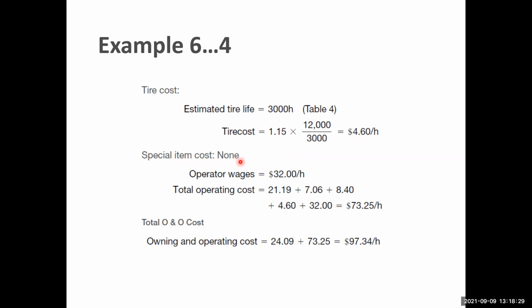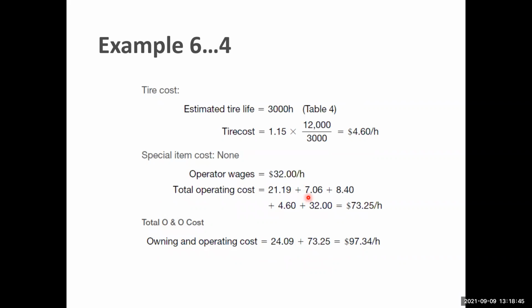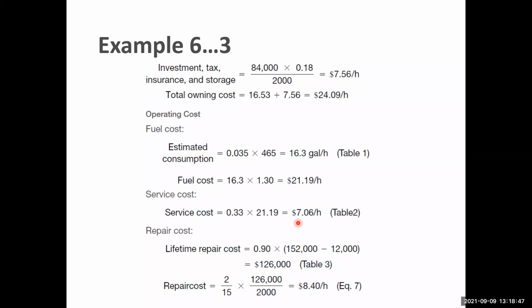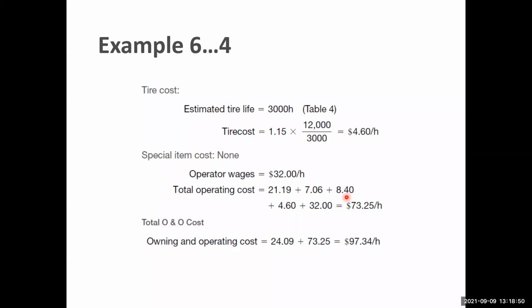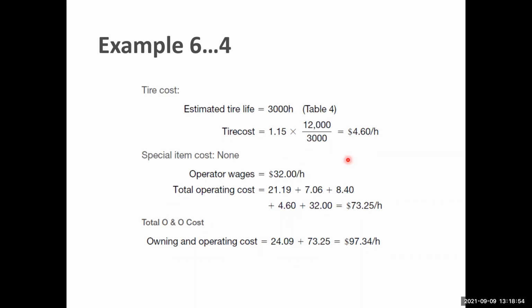Special item cost, no information has been given for that, so therefore we will not consider it. Operator wages are given as $32 per hour. So now we can add all these costs: 21.19, which was for the fuel, and then 7.06, which was for the service, 8.4, which was for the repair cost, 4.6, which was for the tire cost, and 32, which was for the operator.